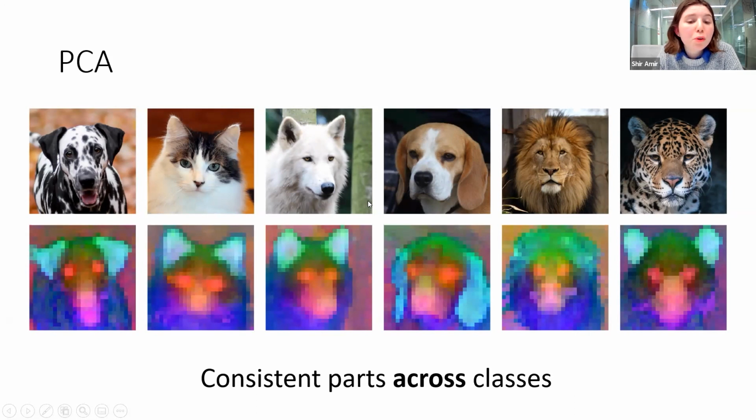So regardless of whether we're looking at a wolf or a dog or a lion or a tiger or a cat, we have similar descriptors in the region of the ears, in the region of the eyes, of the mouth, etc. So we discovered that these descriptors are not only semantic and not only distinguish parts, but they are also shared among common classes.